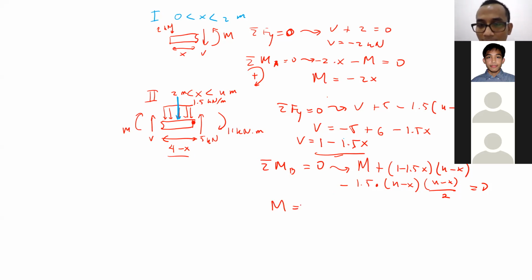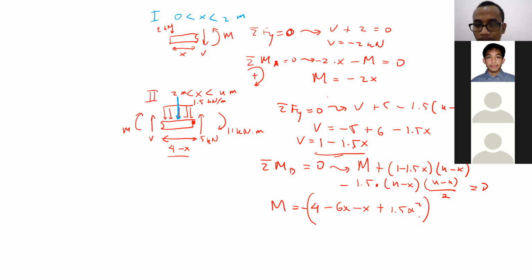So the moment is supposed to be equal to, I will do it one by one. 4, this is from the first one, minus 4 minus 6x, and then minus 6 minus x multiplied by minus x, then the last one is plus 1.5x squared.